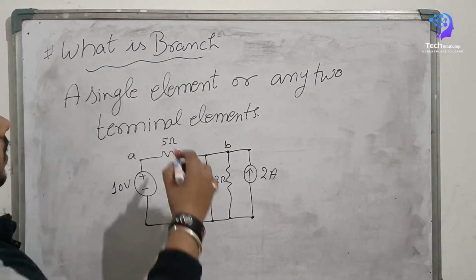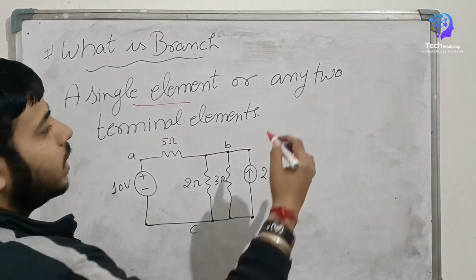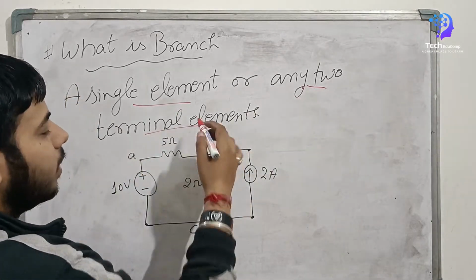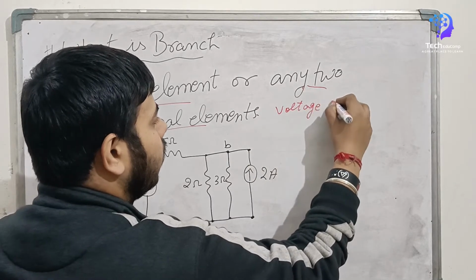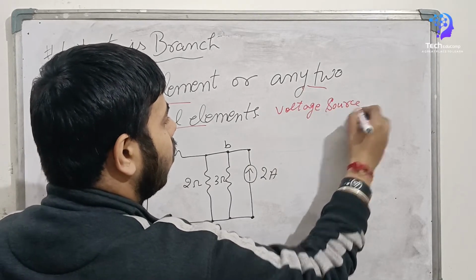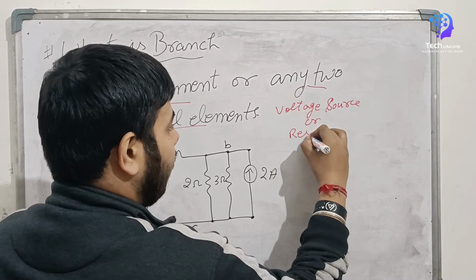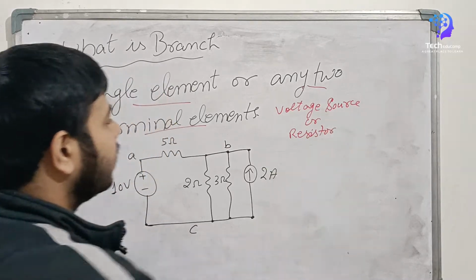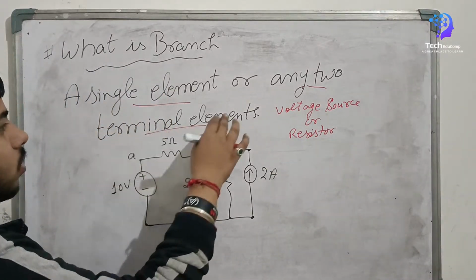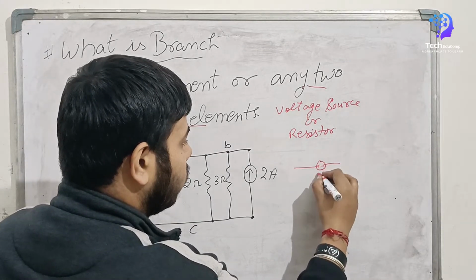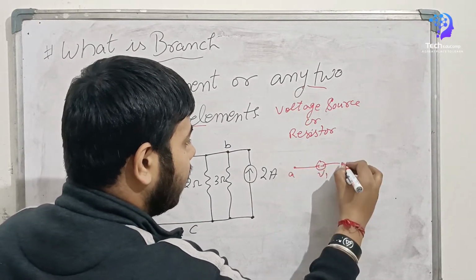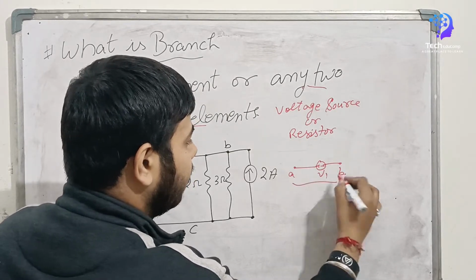A branch is a single element, or you can say a two terminal device like a voltage source or a resistor. For example, this is a voltage source V1 with terminals A and B; this is a branch.